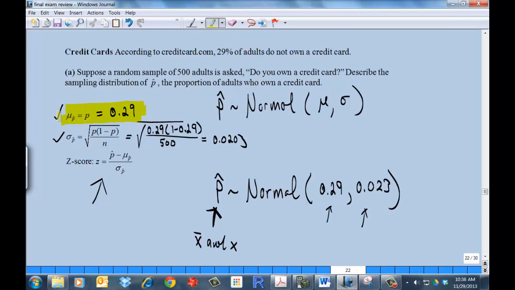And sigma p hat is going to be given by this value. Notice, sigma p hat is given by 0.0203, which is the standard deviation. Okay, so let's move on to the next question here.